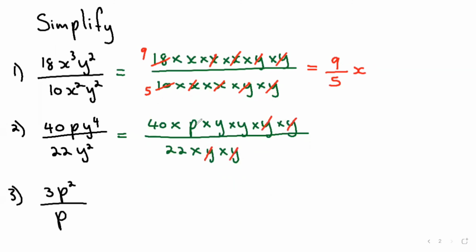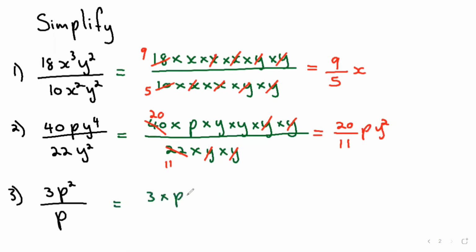There's no p to cancel, or the 22. So we could look at 2 again. 2 could go into 22 11 times, and 2 could go into 40 20 times. And 11 is a prime number, so there's nothing else that will break that down. So that leaves us with 20 over 11 p y squared.